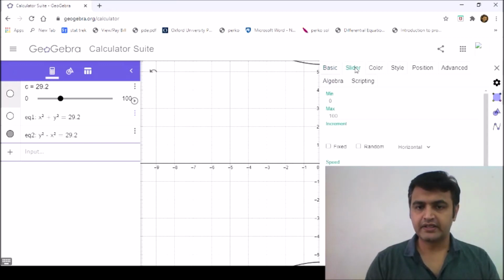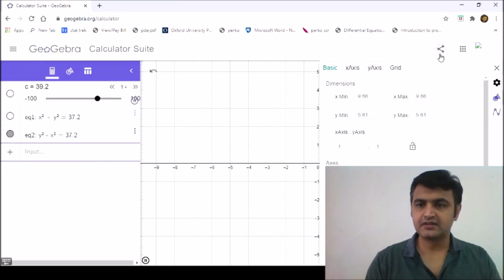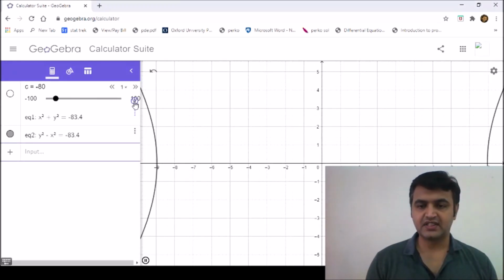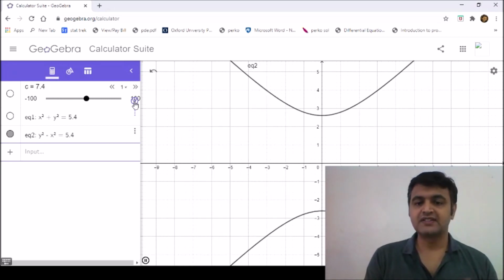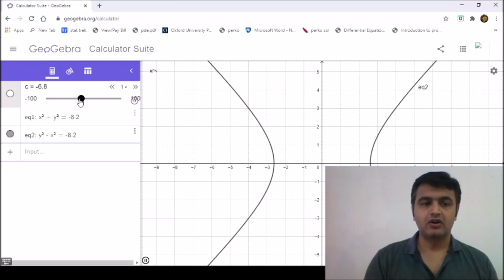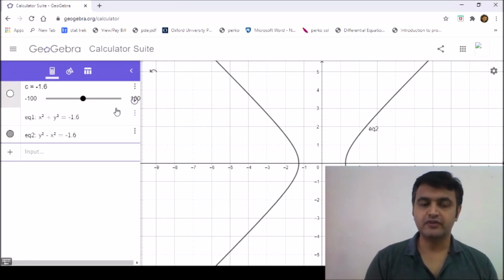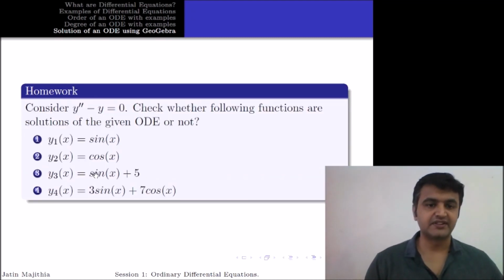So now if I give the value of c as negative also, minus 100 to plus 100, okay, now if I run this, these are the horizontal hyperbolas which you are getting right now when my c is negative, and as soon as c becomes positive, I get the vertical hyperbolas. So all this forms the solution of that given differential equation. All these hyperbolas are called the solution curves to this differential equation. So the solutions are called the solution curves of the given differential equations.